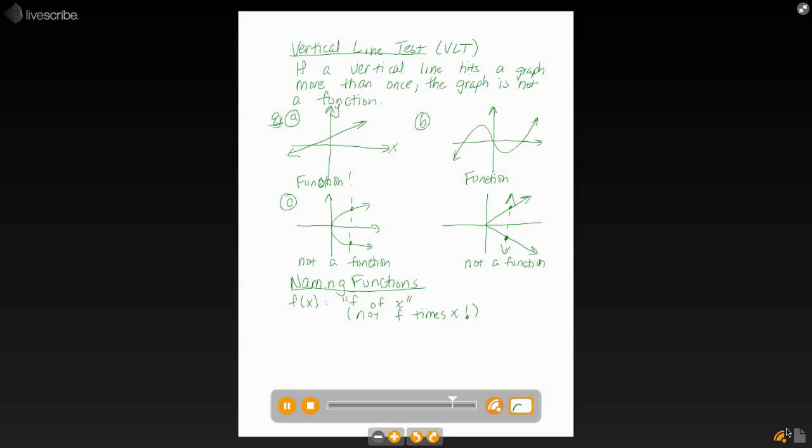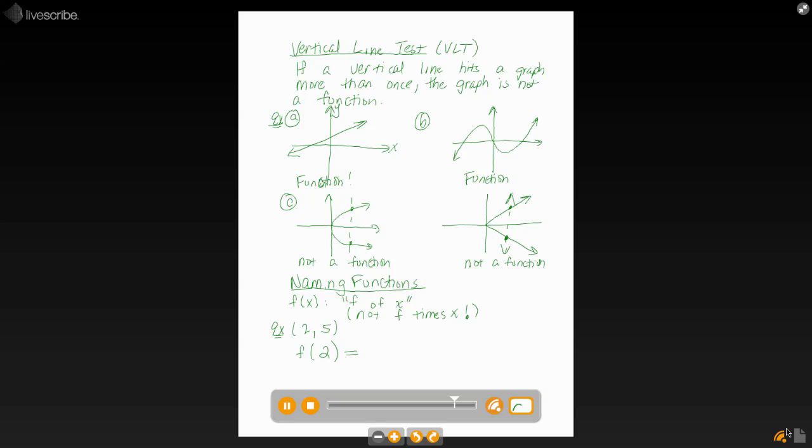So let me give you an example. If I have an ordered pair 2, 5, another way of writing this ordered pair is f for function, parentheses. What's my input value? What's my x value? 2.